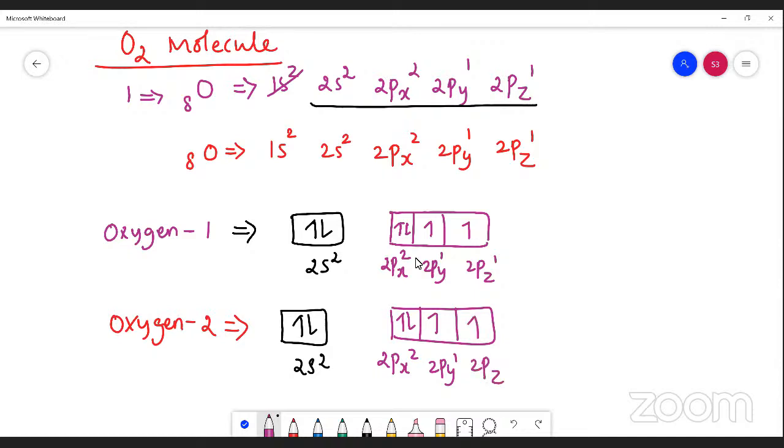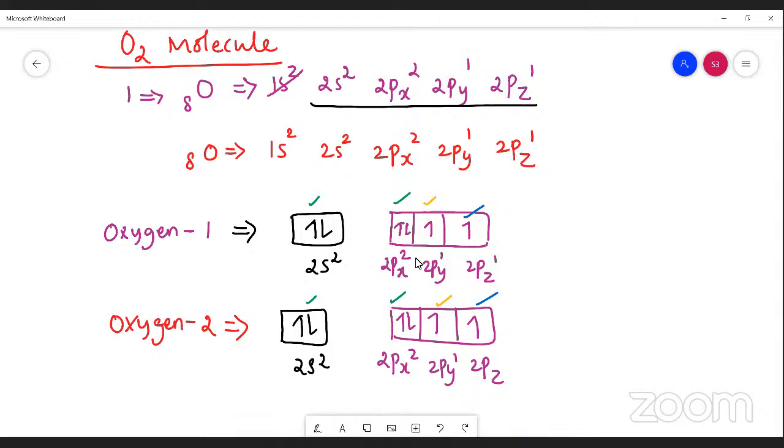Now you see that this 2s is completely filled, and same way this 2px is completely filled. But whereas in the p orbitals, py has only 1 unpaired electron, and pz has only 1 unpaired electron.